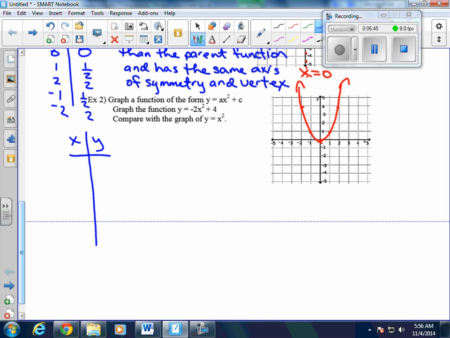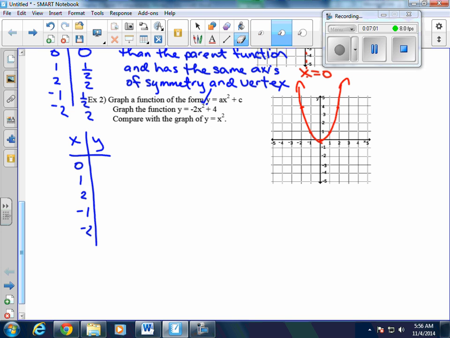And again, let's just start with the numbers 0, 1, 2, -1, and -2, just so we're in the middle of the graph somewhere. If we put in 0, again, we're putting it in for x right there. So 0 squared is 0 times -2 is 0. 0 plus 4 is 4. Put in 1. That's going to give me -2 plus 4, which is 2.